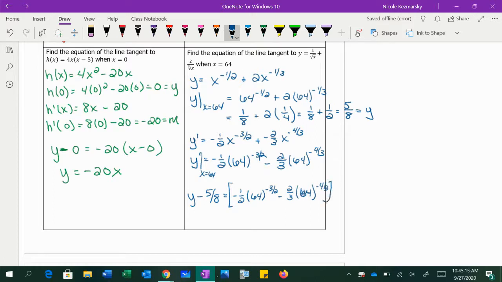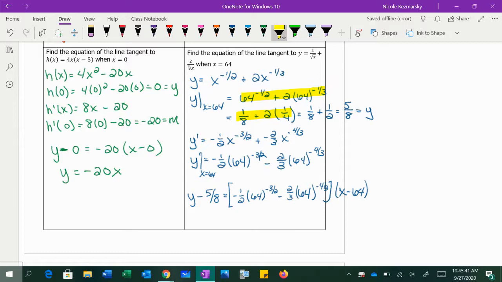So there's my slope. And then x minus 64. That is, if I clean up the 64, a legal answer. I could have even gone back up here to my y value that I was working on, one of these steps, and used that instead. Okay, it's a legal stop.